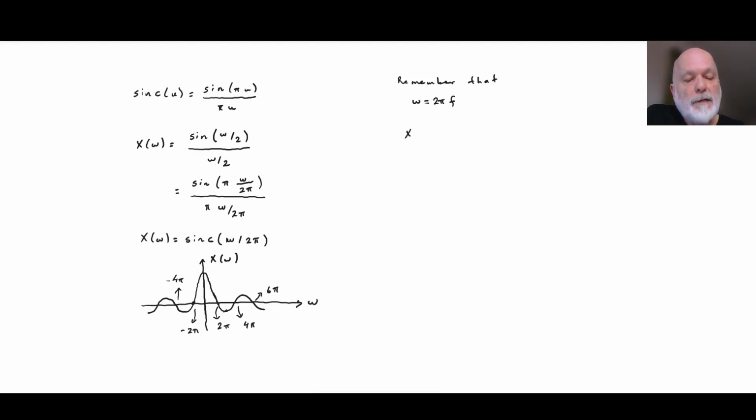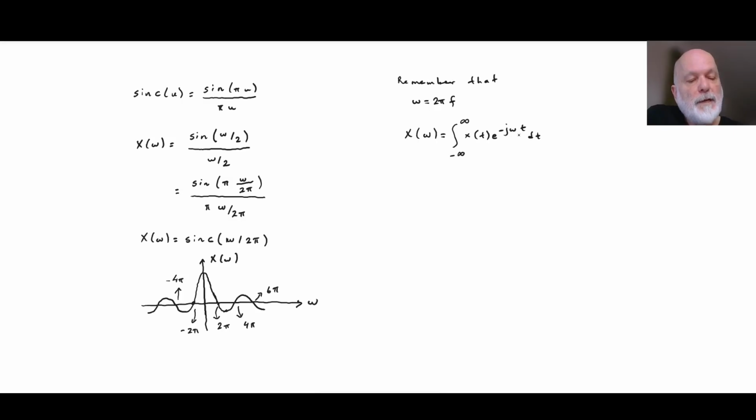So if the Fourier transform X of omega, let us write down the expression once more, x of t e to the minus j omega t integrated with respect to t.